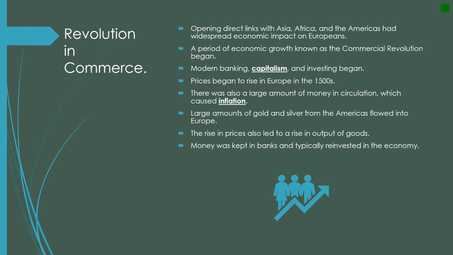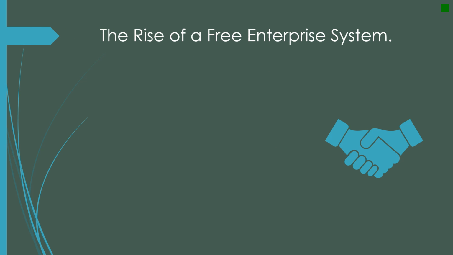There's also a large amount of money in circulation, which will cause a problem known as inflation. There will also be large amounts of gold and silver from the Americas flowing into Europe, so the rise in prices will also lead to a rise in the output of goods, and money will be kept in banks and typically reinvested in the economy. So we're circulating this money throughout Europe and the world.